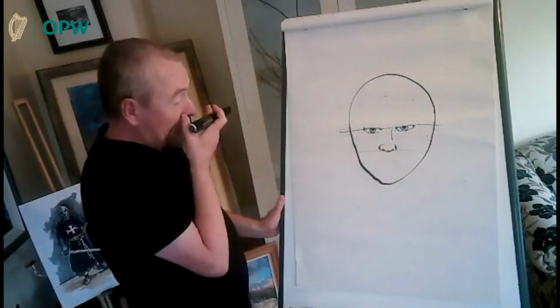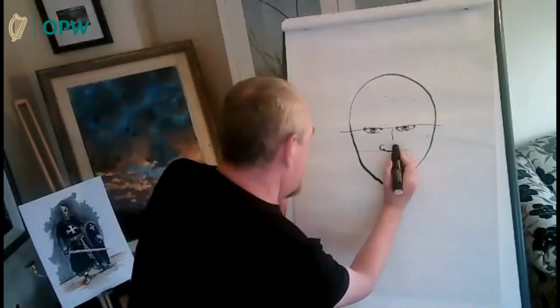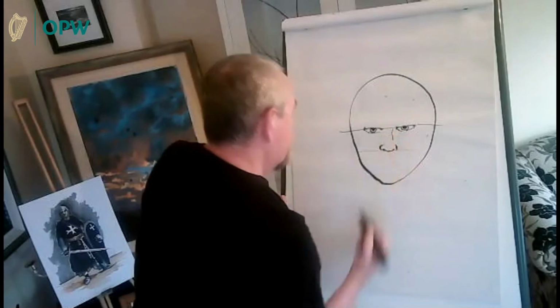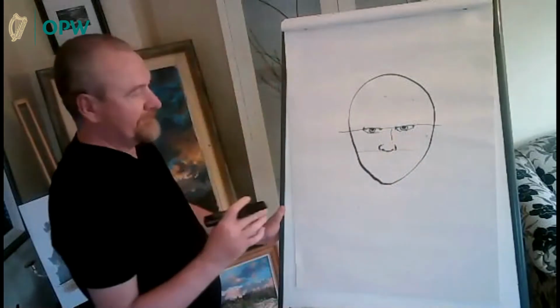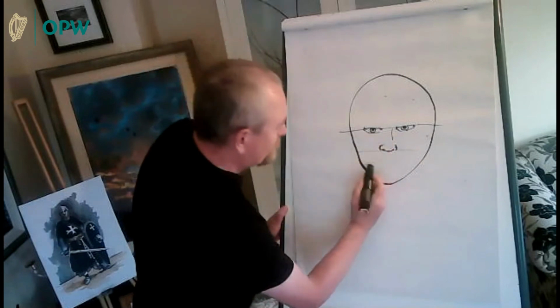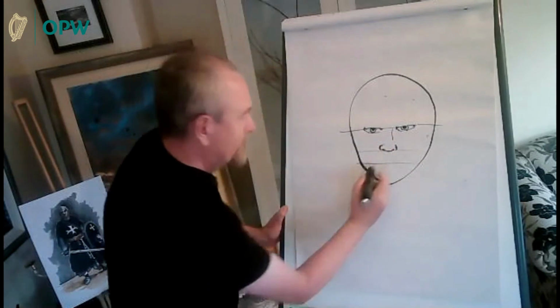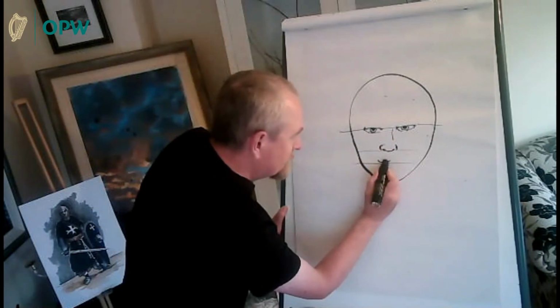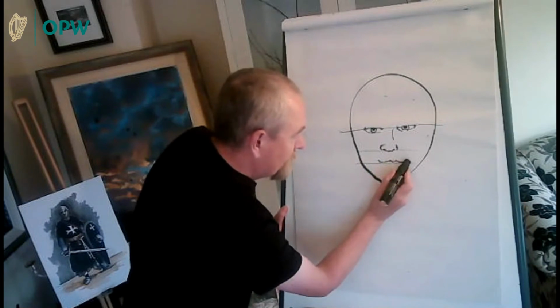Now, again, you can see that there. If you then take what you've left from the bottom of the nose to the chin and you roughly do a halfway, that's where the mouth is going to be.